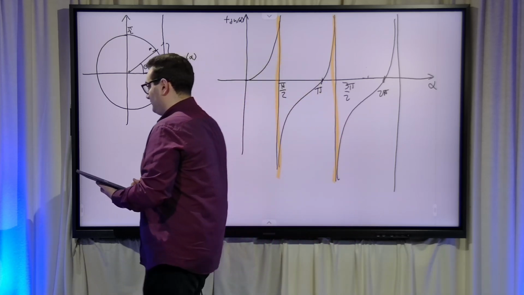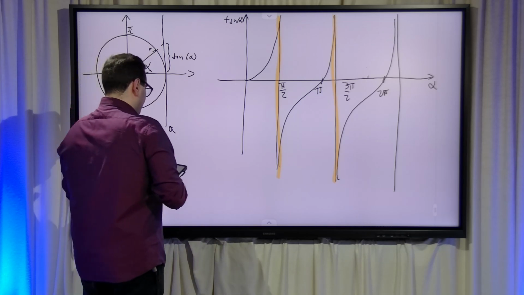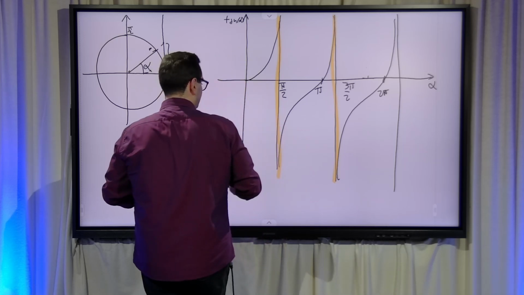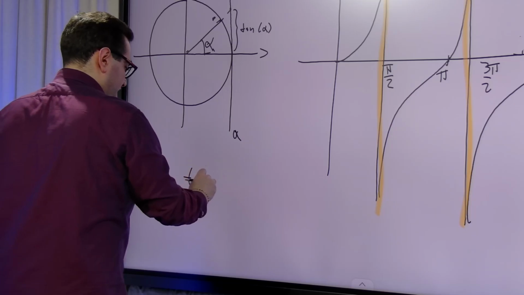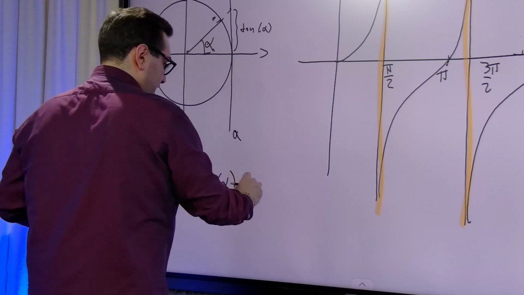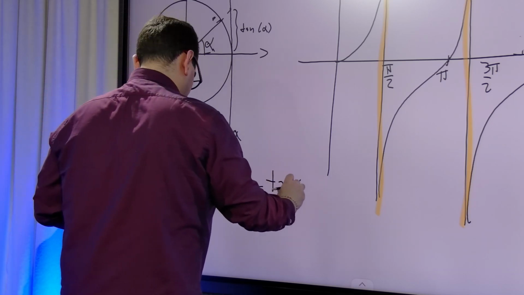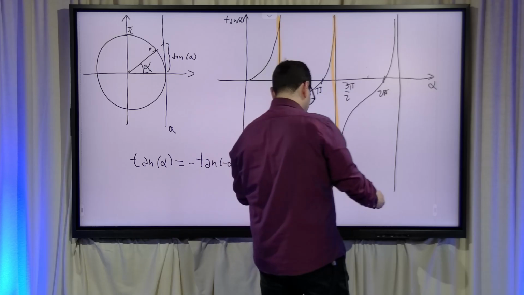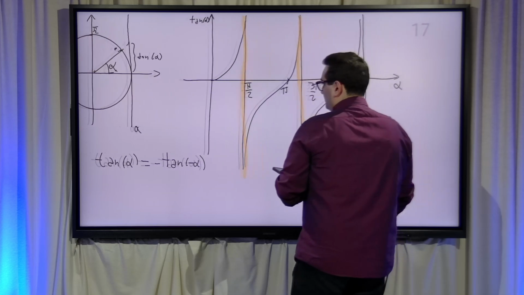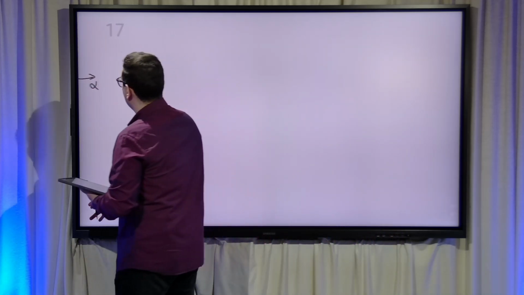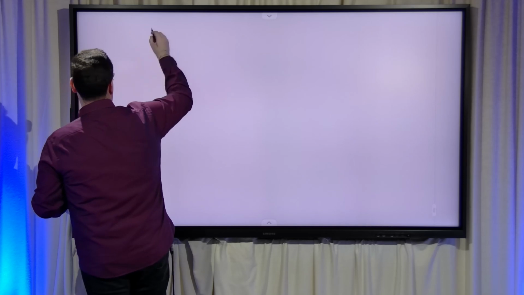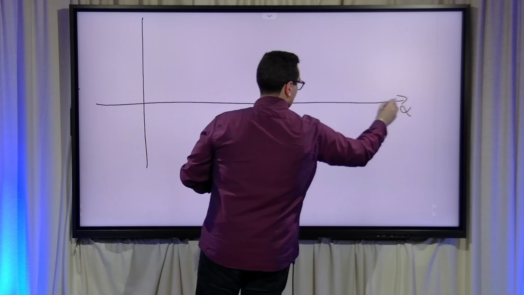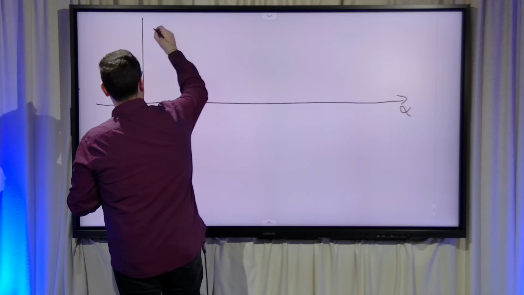What can I say about this function? Well, this function is odd because the tangent of alpha is equal to minus tangent of minus alpha. Let's do the same for the cotangent. Okay, I'm going to draw just the expansion of alpha, and it is this one.